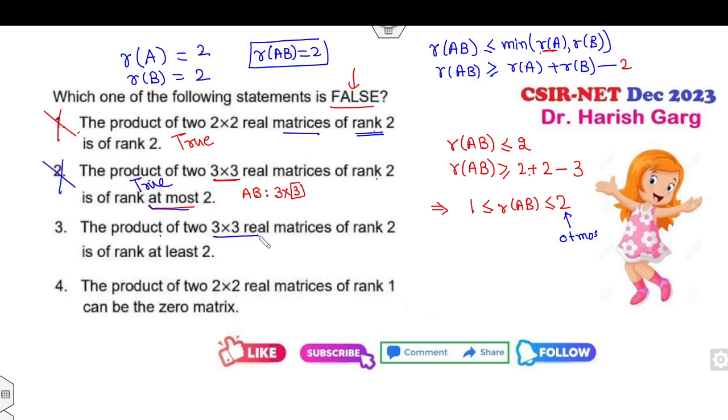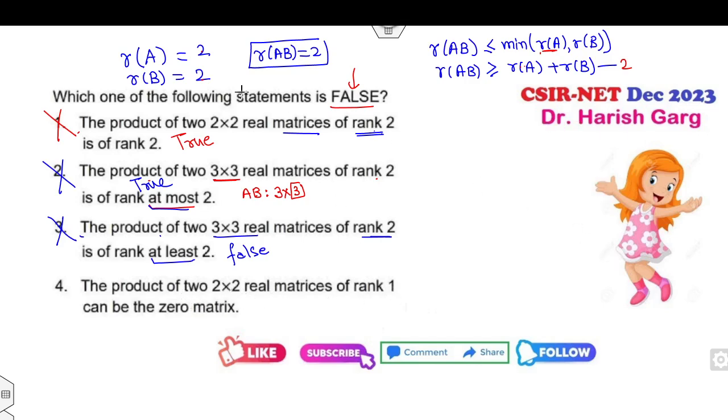The product of two 3 cross 3 matrices of rank 2 is at least 2. This is my at least, but this is at least 1. So that statement is my false statement. Product of two 2 cross 2 matrices of rank 1. What is the meaning of this? Rank of A and rank of B are 1, and your target is to find the rank of AB.